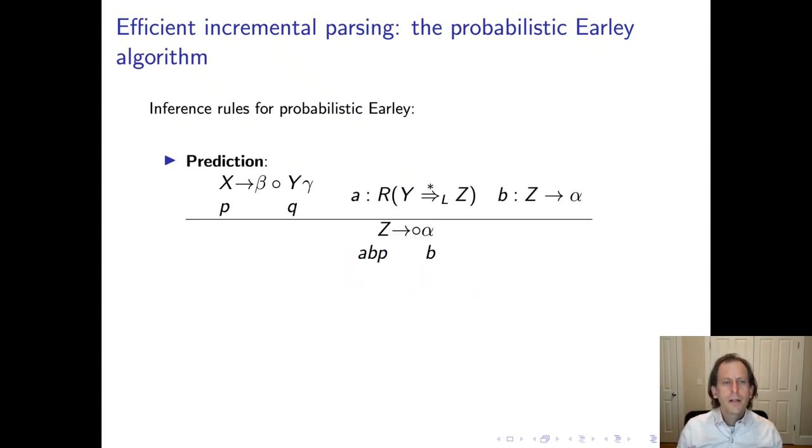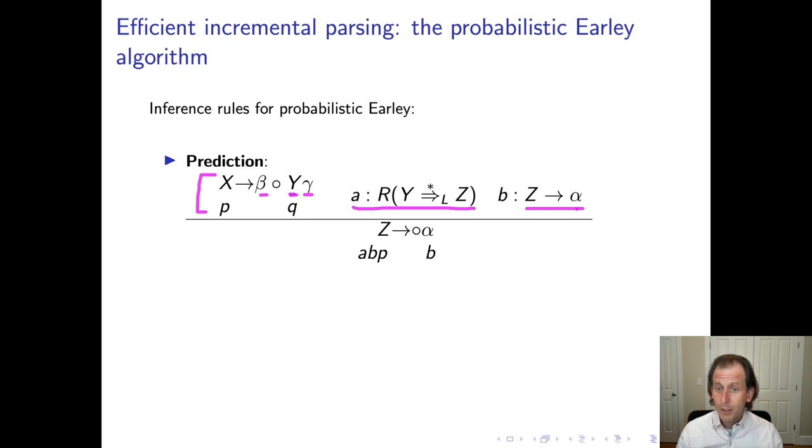So for the two inference rules for probabilistic Earley, the prediction rule says, if I have something in a state of the form X goes to alpha, with a completed set, and the next incomplete symbol is Y, so this is the next upcoming subgoal, and then other subgoals potentially. And I have in my R matrix, my closure matrix, this thing, then I can rewrite, and furthermore, I have another rule in my grammar.